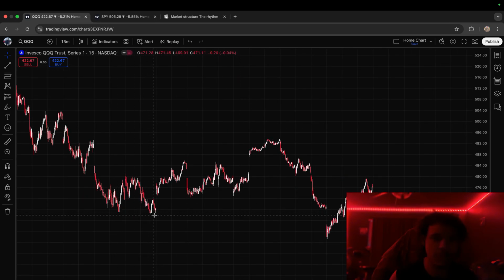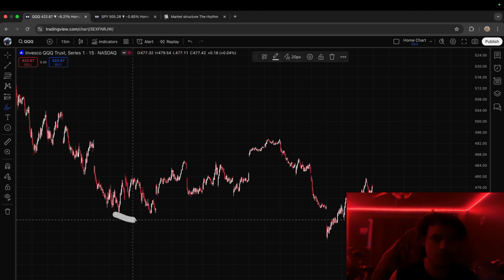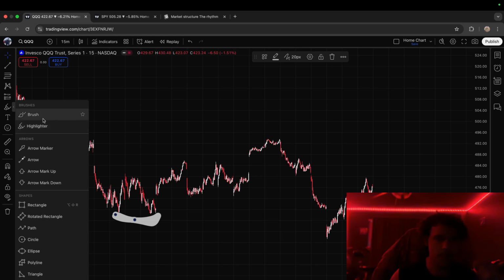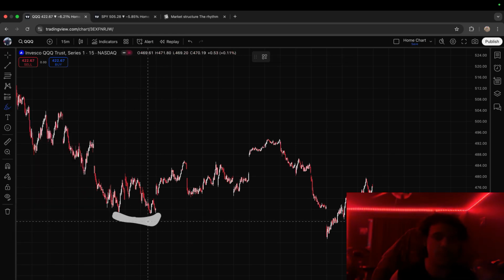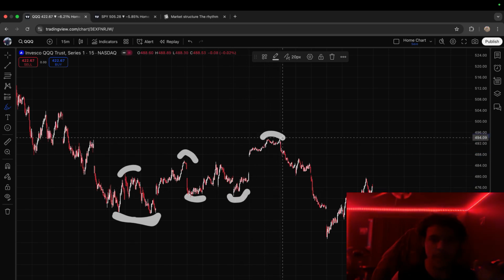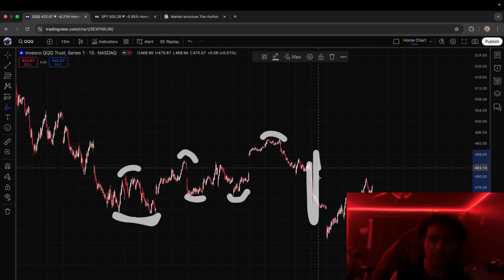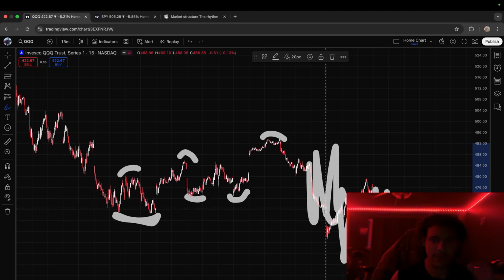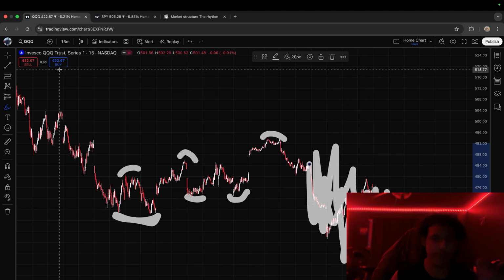So we have a low, a high, a higher low, a higher high, still have this low, and ultimately a higher low, a higher high. And we're gonna discard this area down here, just so I can show you the example, okay?